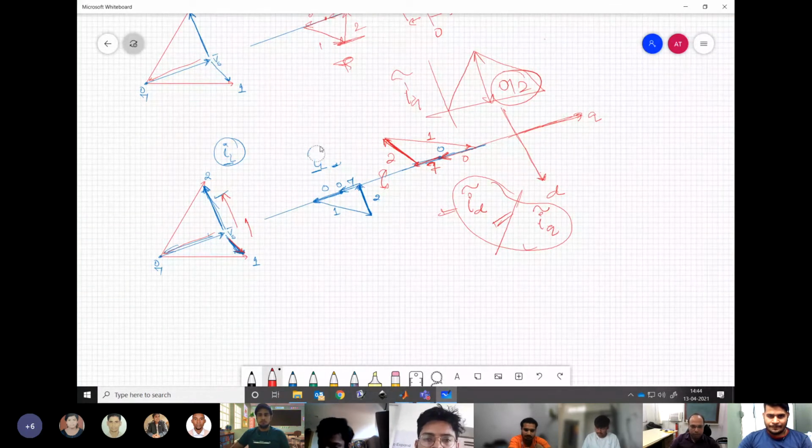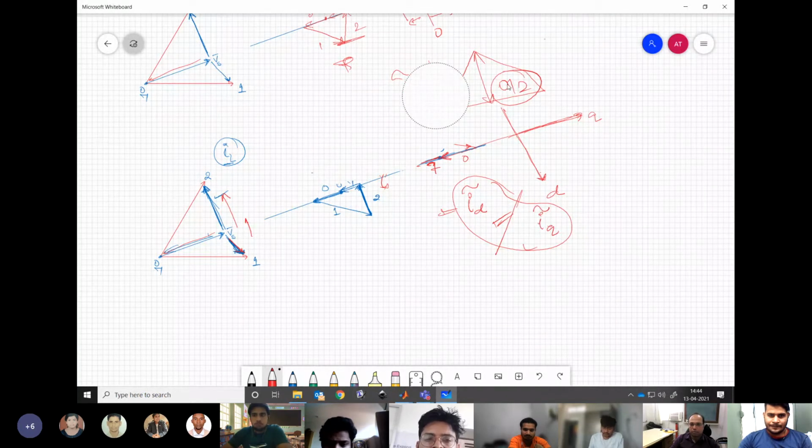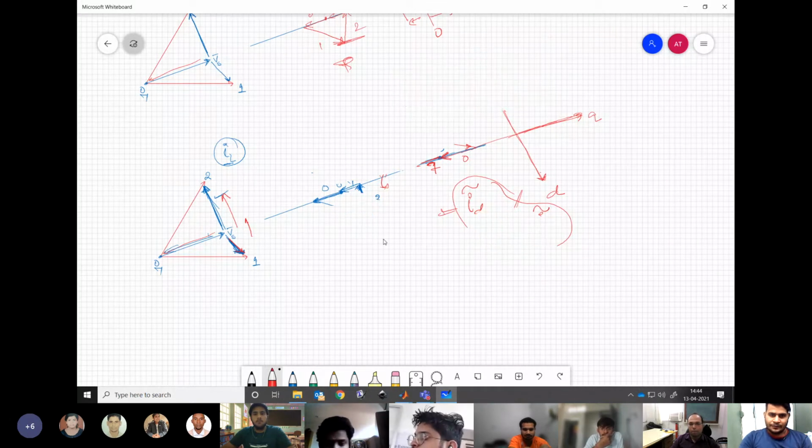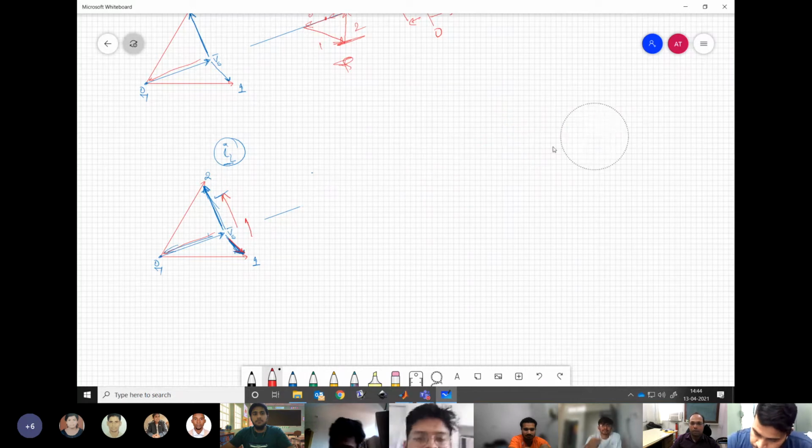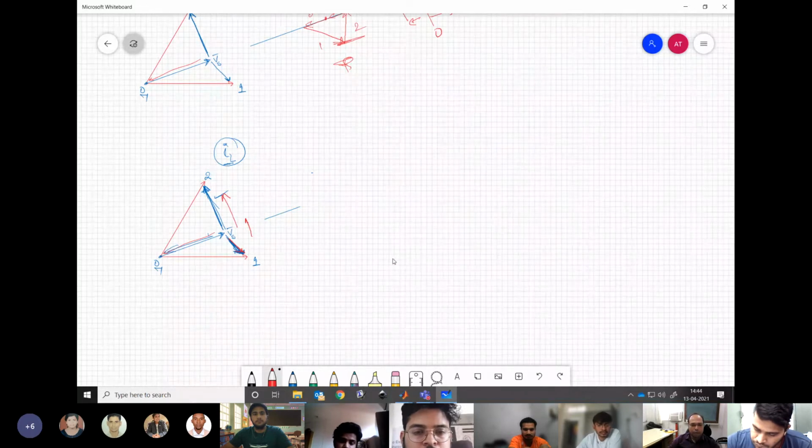So let me remove all this. Okay, so for example, if we have any PWM technique which is called an advanced bus clamping technique, it becomes slow actually sometimes.